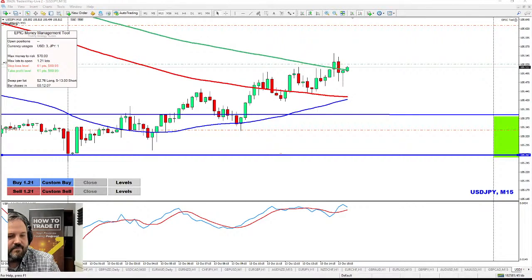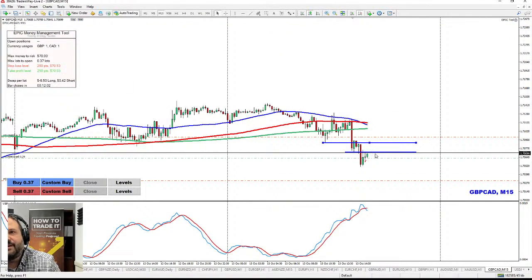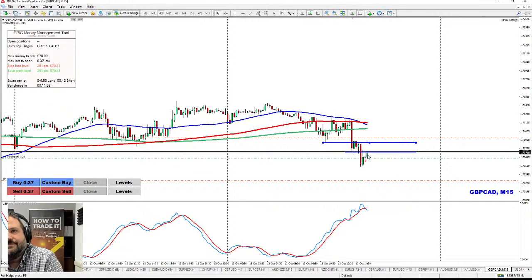Dai guy said pound CAD short. I'm just in pound CAD short too. It's taking its time. It's not wanting to turn around right here.